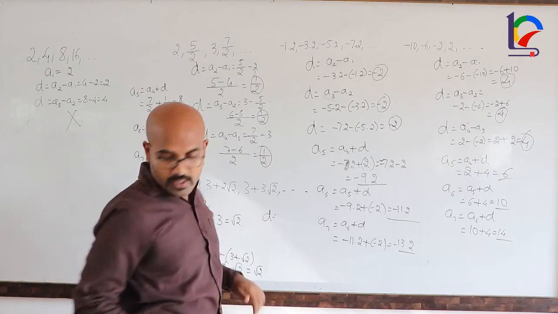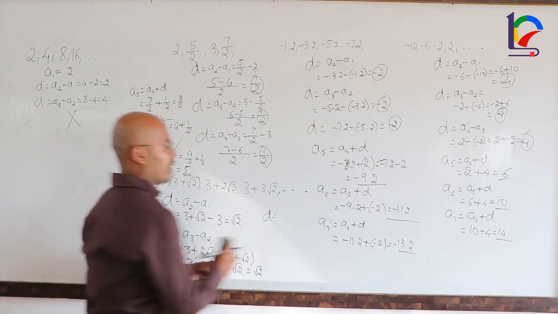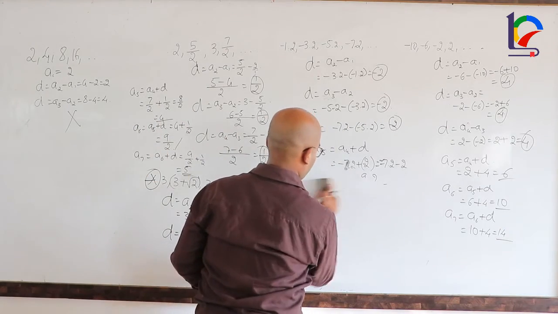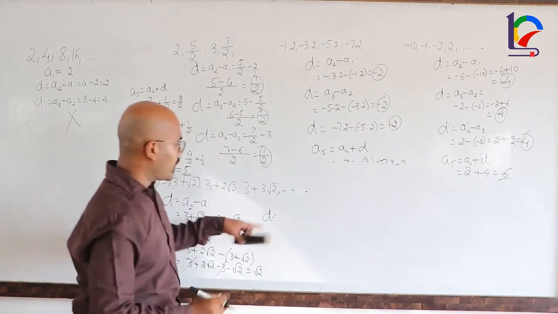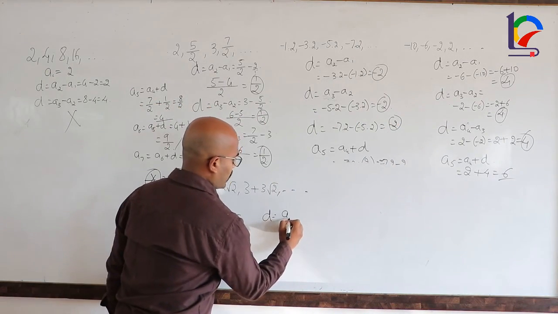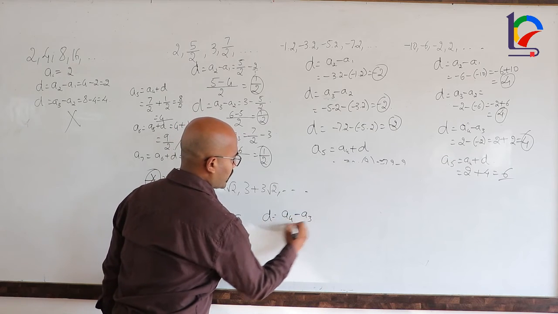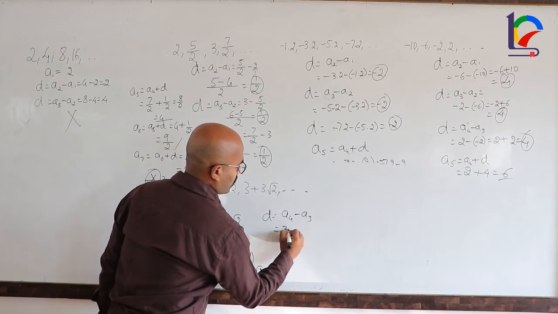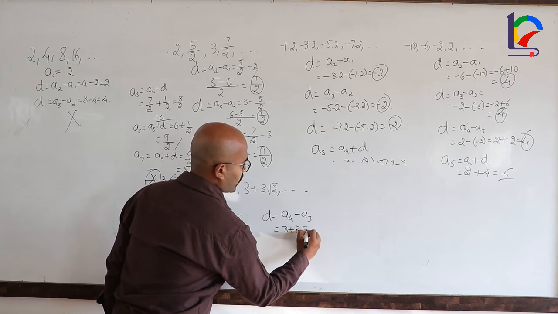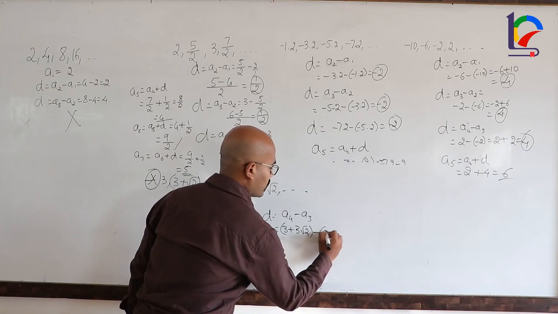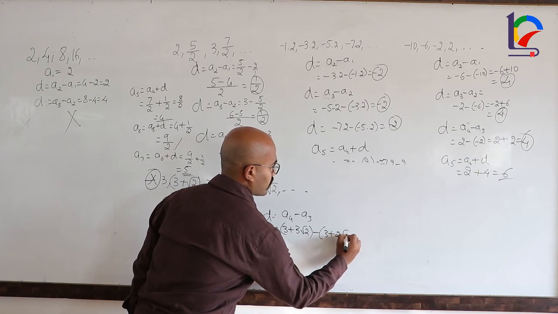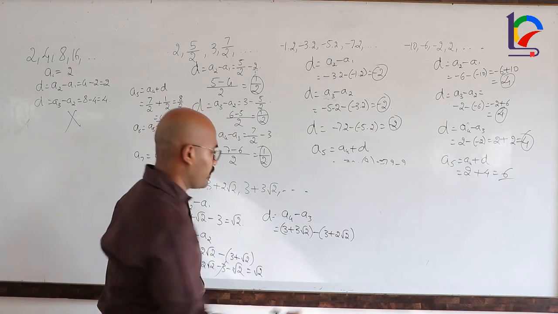So next, similarly here D, it is A4 minus A3. What is A4? 3 plus 3 root 2. So what is A3? 3 plus 2 root 2.